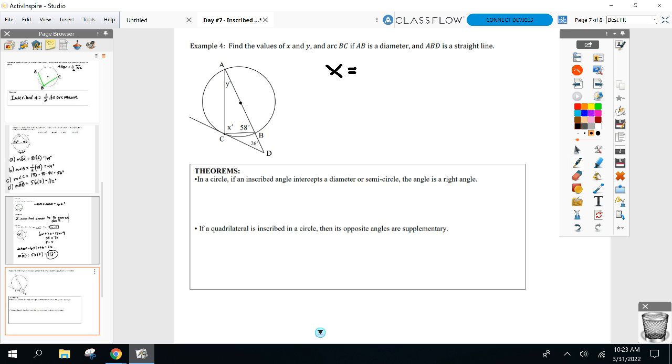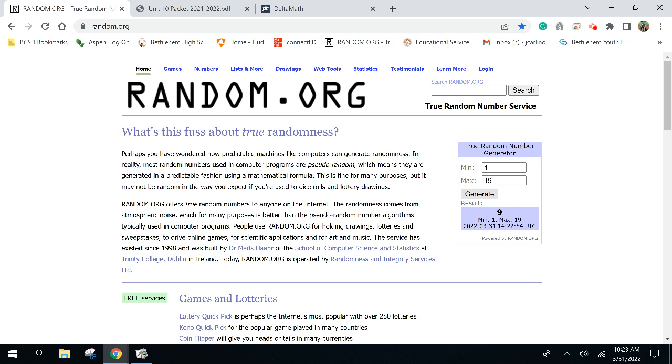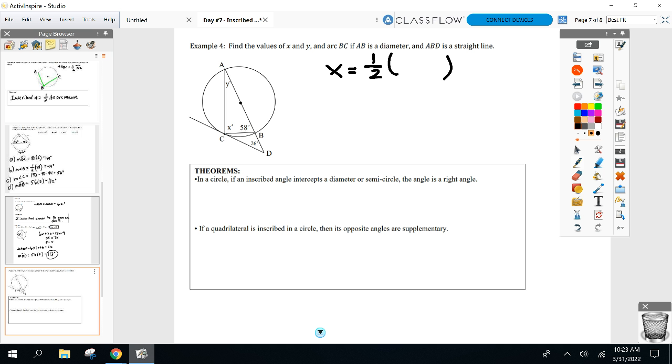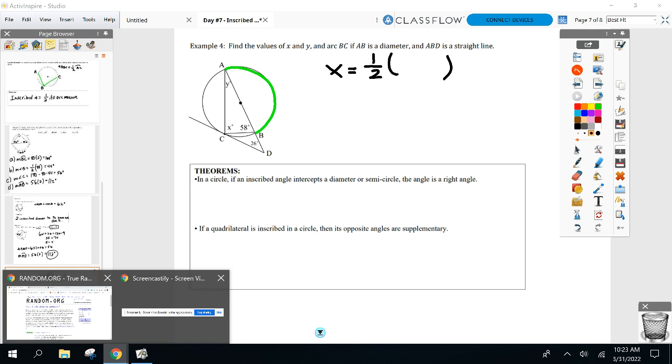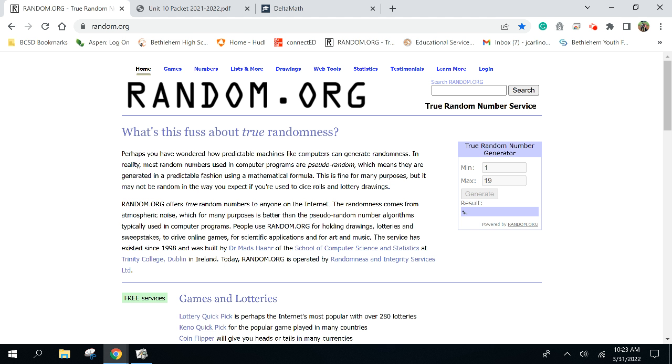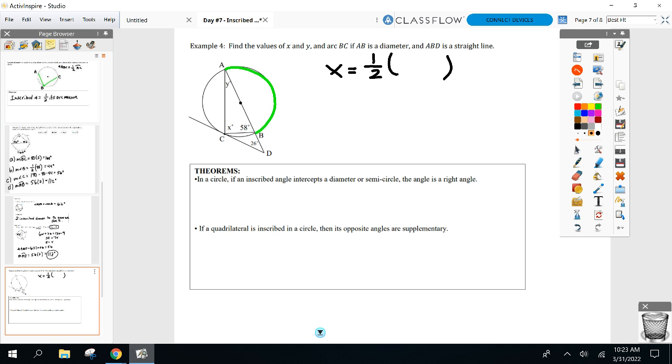So the rule is to find it, you take half of its arc. What arc is x drawn to? Arc AB. All right, everybody. We have talked about these before. What's that called right there? That arc that I just highlighted. It's got a special name. Remember it?